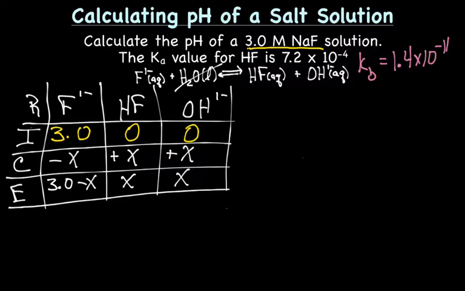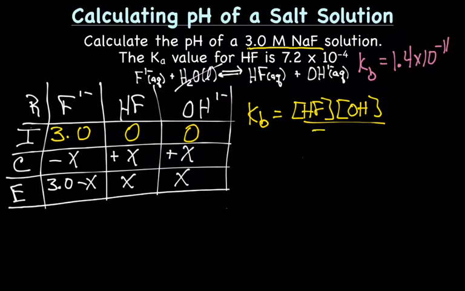All right, so now we know that Kb equals the concentration of HF times the concentration of OH divided by the concentration of F, all at equilibrium.